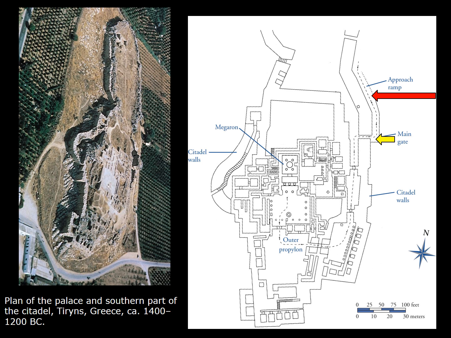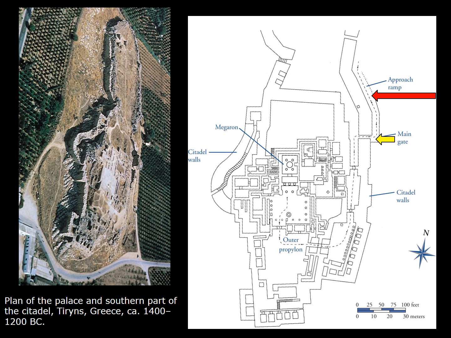Let's keep going and look at how the Mycenaeans strategically constructed their citadel. Okay, the approach ramp to the entire citadel is this narrow path, and you can see that marked up with a red arrow on the slide. Now the main gate, marked by the yellow arrow here, is really, really narrow. What that means is it doesn't allow big troops, right, a big army, to storm the citadel and attack it and topple it and bring it down.